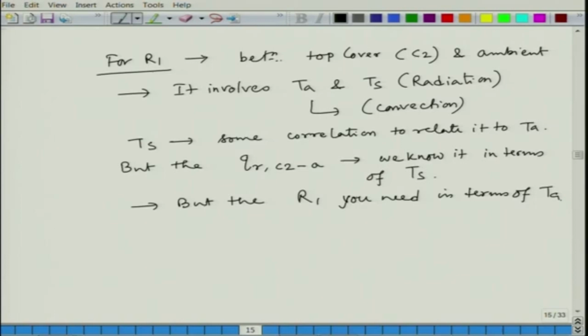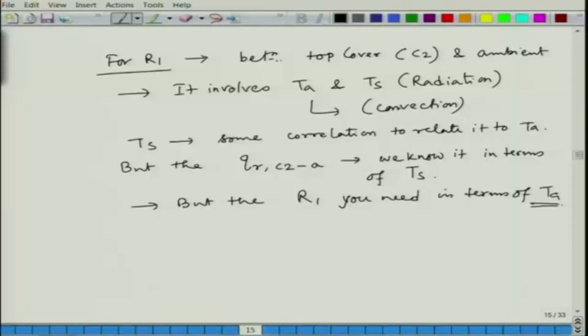Every term that ultimately goes into the Q useful equation, as you have seen with U_L, relates the temperature gradient between the ambient and the plate to the useful heat. So, everything we have to relate to T_a. So, what we need to do? We need to convert this T_s dependence to T_a dependence and write the radiation heat transfer coefficient.